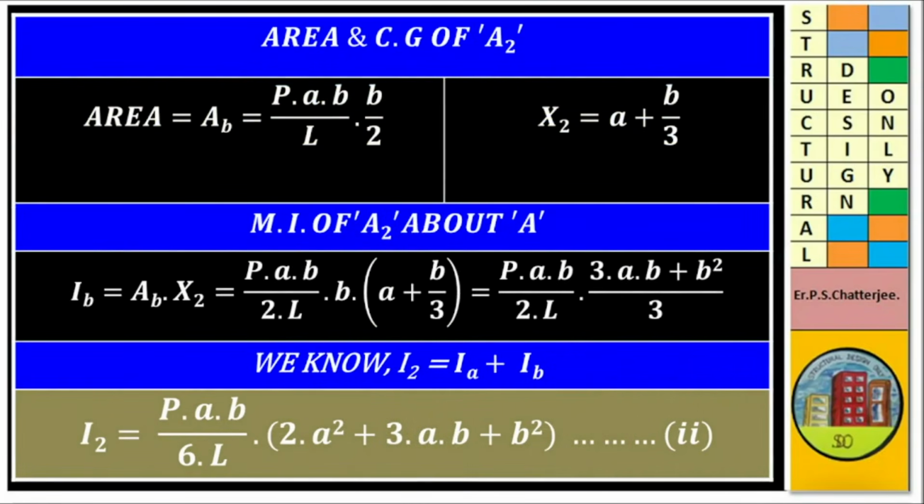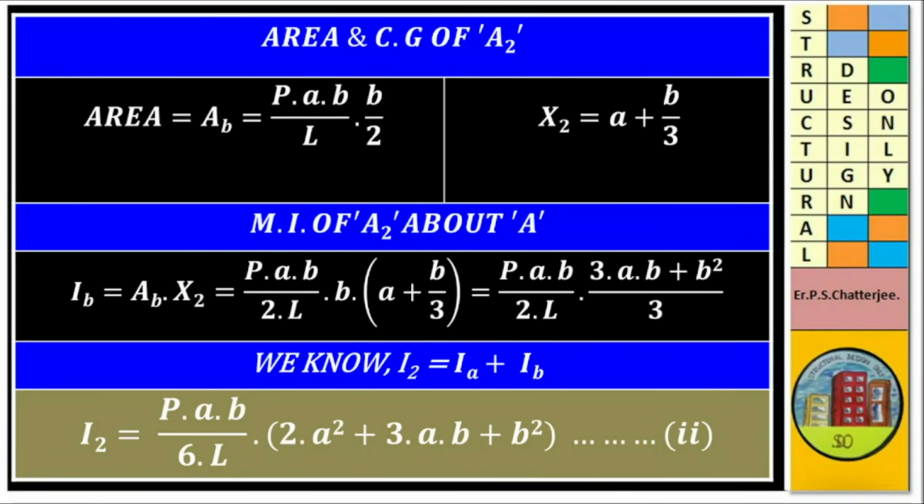So area of the second part of this triangle is A2. So A2 is equal to P into A into B by L into B by 2, as CG distance from A is equal to x2, which is equal to A plus B by 3.